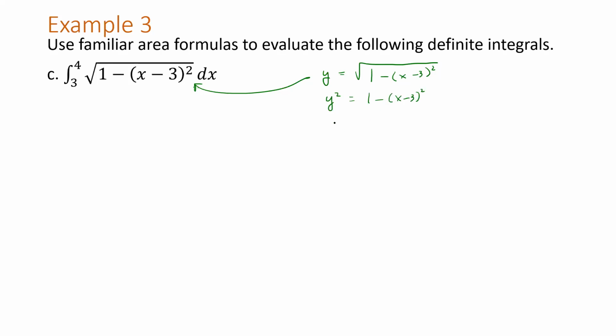And then I move this to that side. I just manipulate it a little bit. Can you guys recognize this equation now? A semicircle. Good. It's a circle, right? So this is a circle with a radius of what? Of 1. Good.